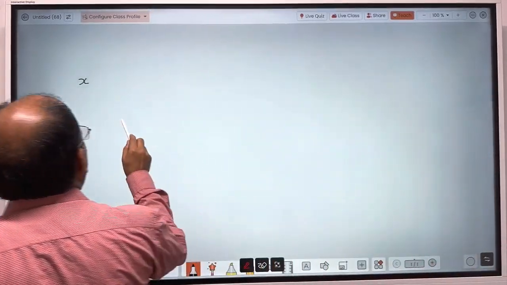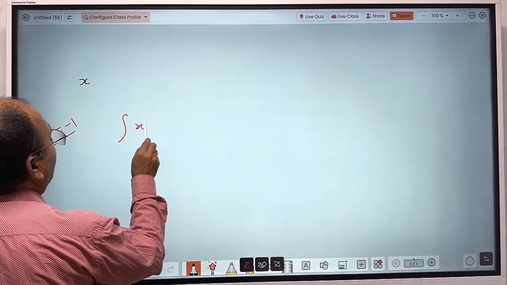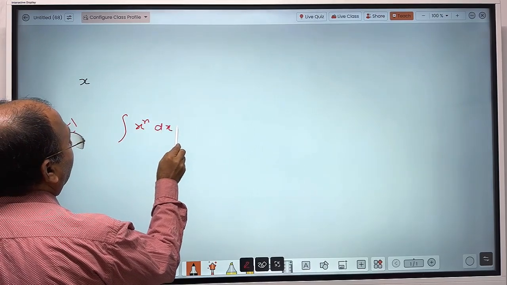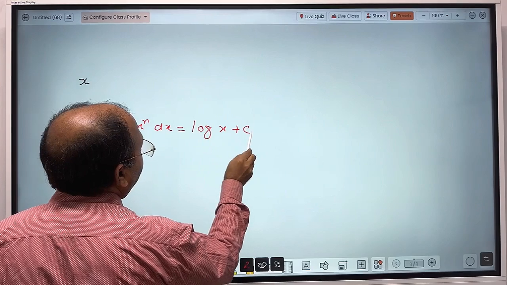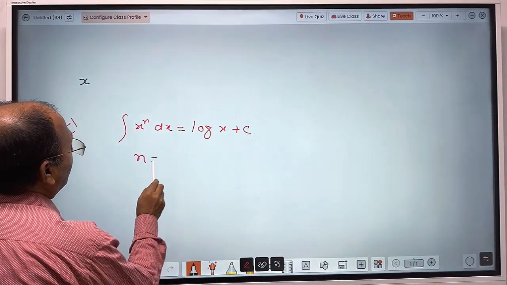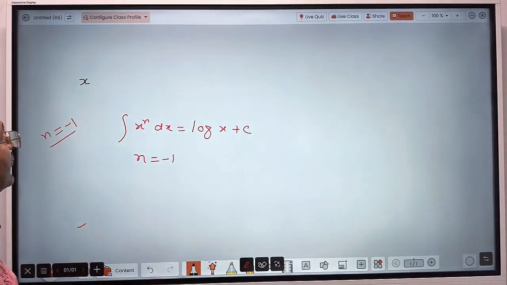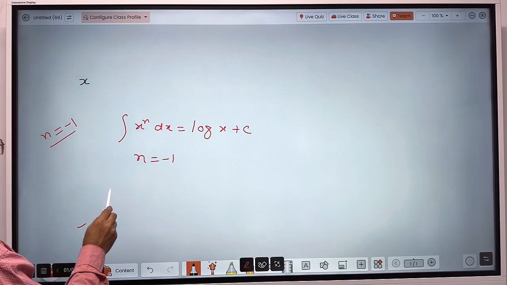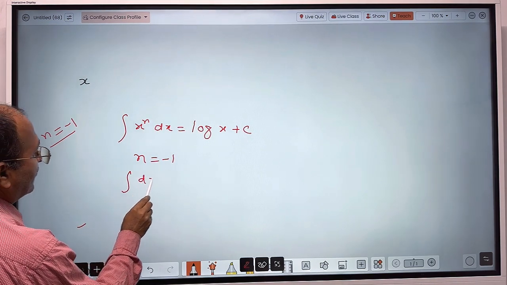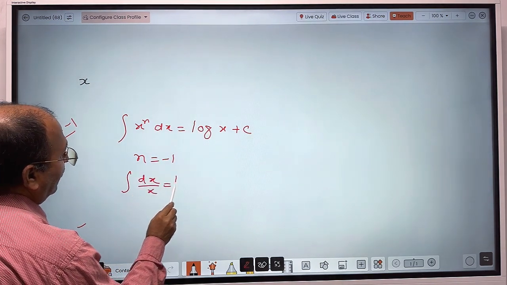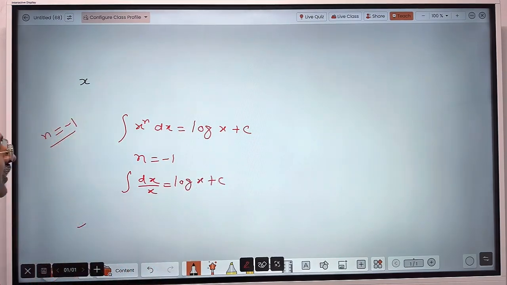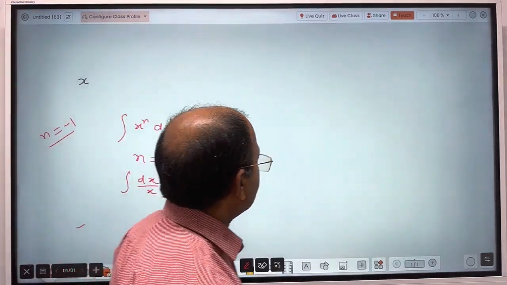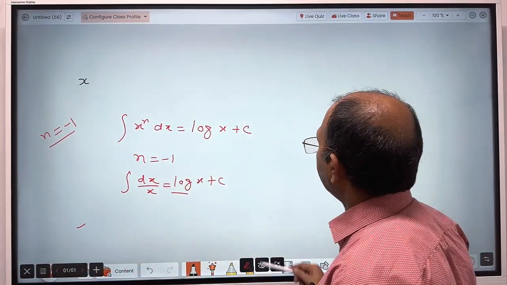Integration of x power n dx becomes log x plus c when n equals minus 1. So we can say integration of dx upon x is log x plus c. Now there is another question. What is this term log? Log is the short form of logarithm.